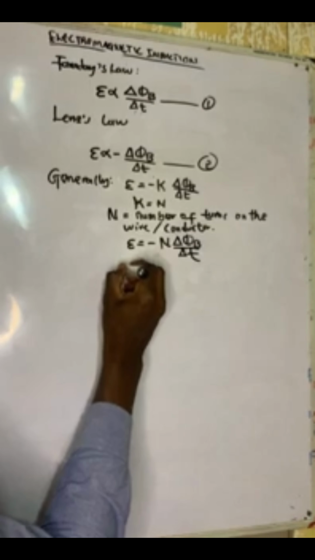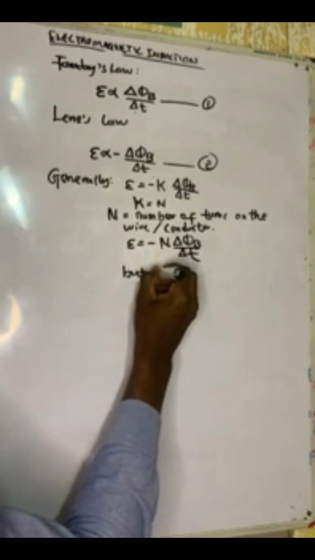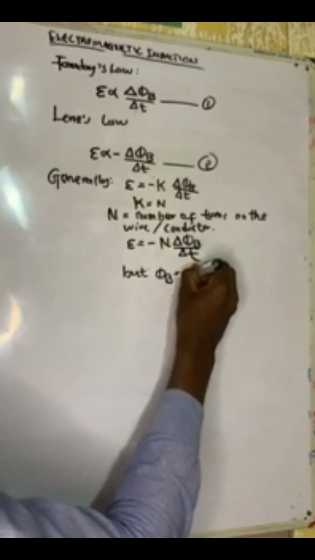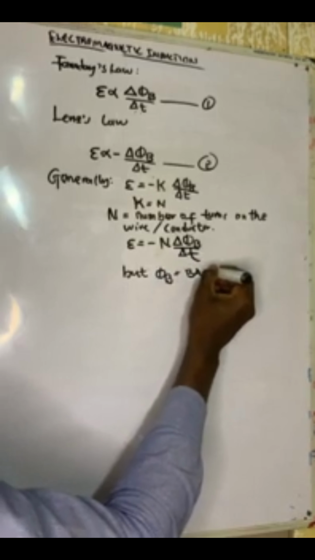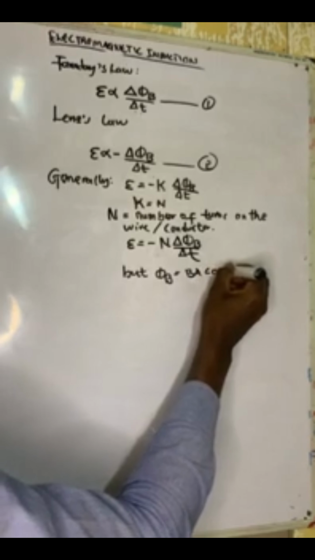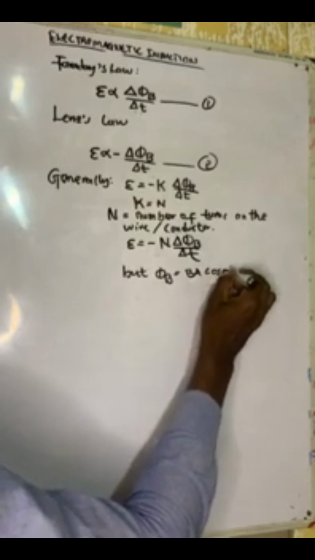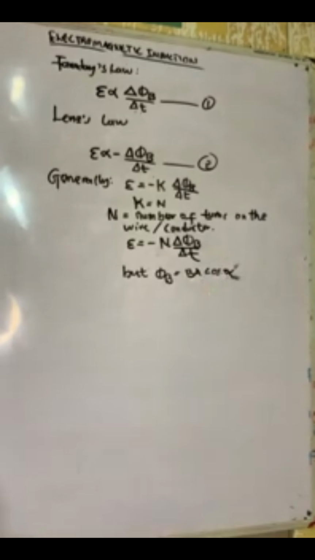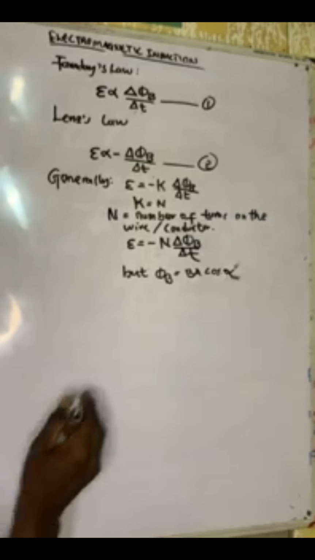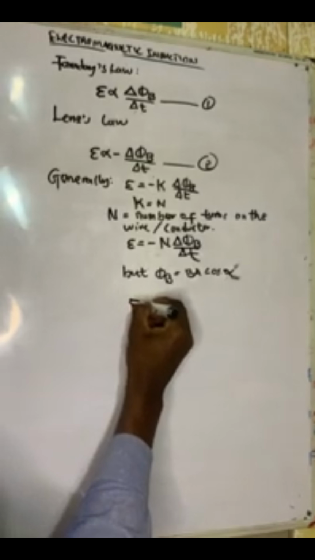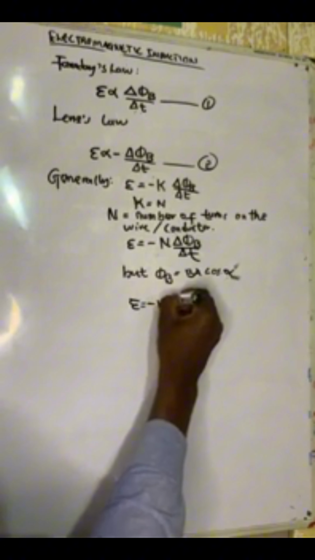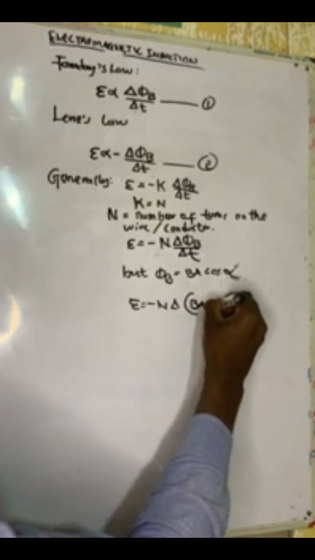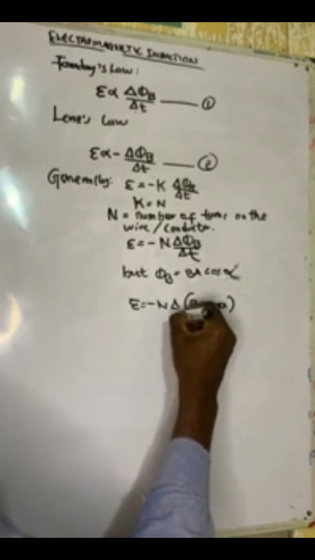But we know that magnetic flux is equal to the product of the magnetic field, the area of the conductor, and the cosine of the angle between the normal of the conductor and the magnetic field. So here our equation becomes negative N times the change in the product of B, A and cosine of the angle between them, divided by the change in time.